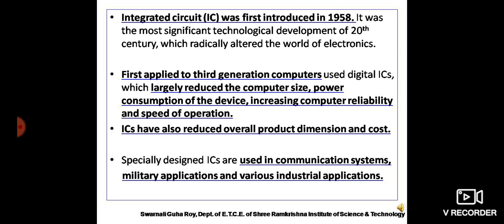All these parameters are very important when we want to implement any circuit in electronics. Apart from this, we should also be careful about the product dimension and the cost of production. By using IC in place of vacuum tubes or in other applications too, the dimension of the circuit is reduced, as IC itself is very small in size.